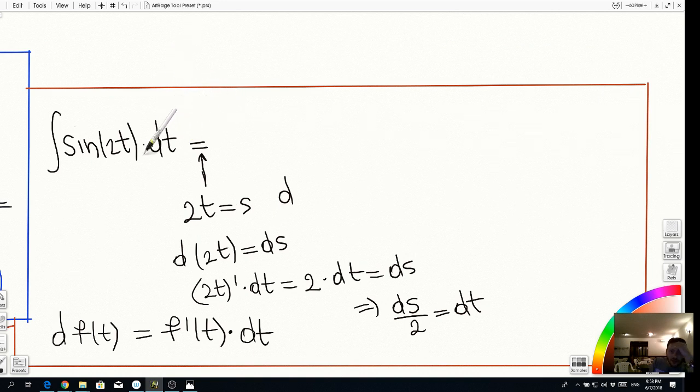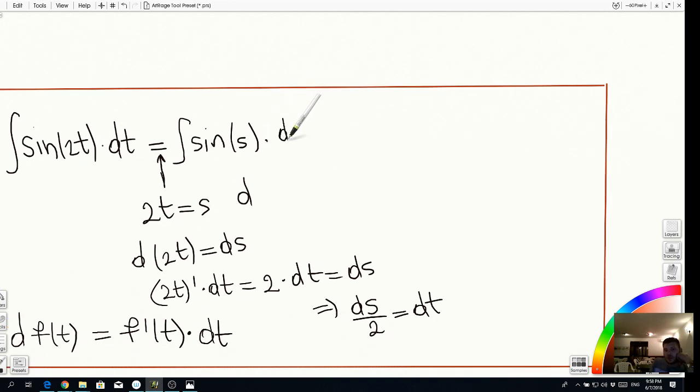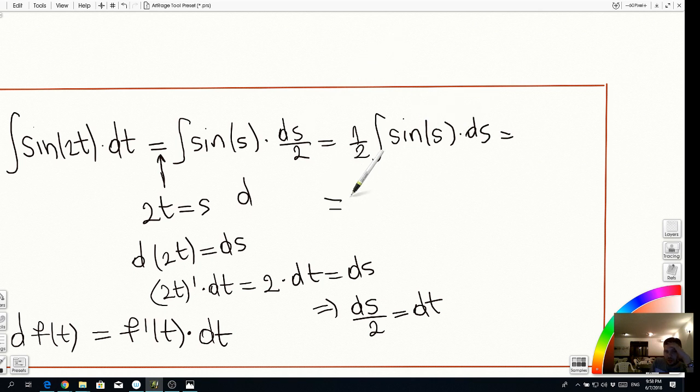Okay, let's substitute that. Here we have sin s times ds, half of ds, and this 1/2 goes out. We have sin s times ds, and this is elementary integral, minus cosine s.